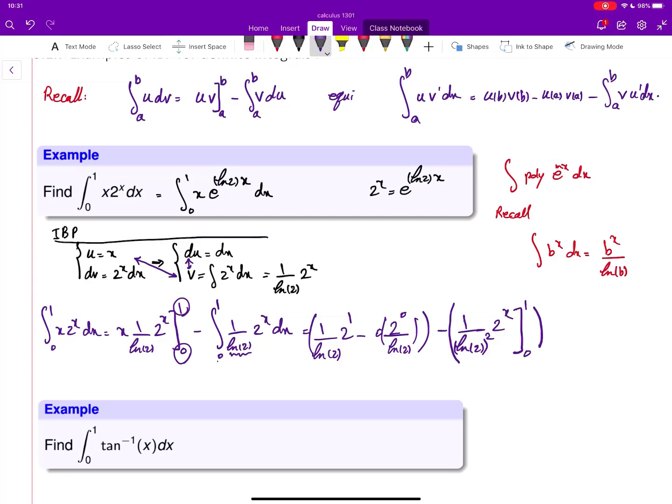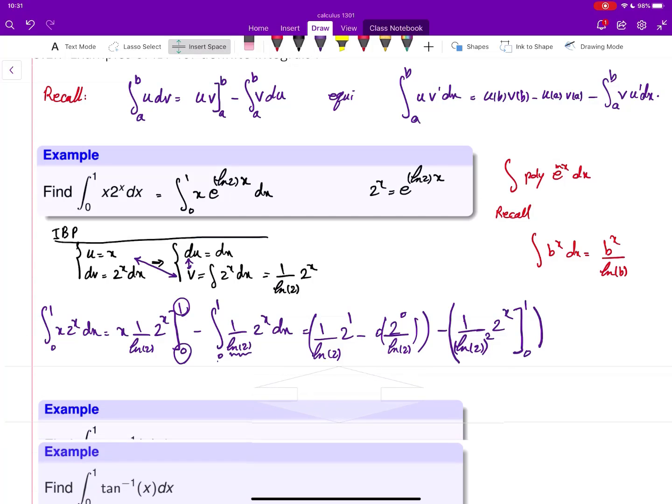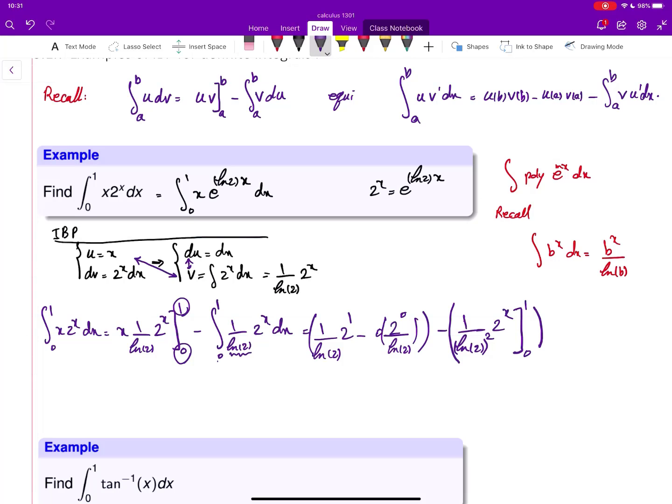Okay. So what we have here is, the first term is just 2 over ln 2. The lower limit part is 0, so I don't need to write anything there. Minus, if I plug in 1 in this term, this will be 2 over ln 2 squared, minus, plug in 0 there, 2 to the power 0 over ln 2 squared.